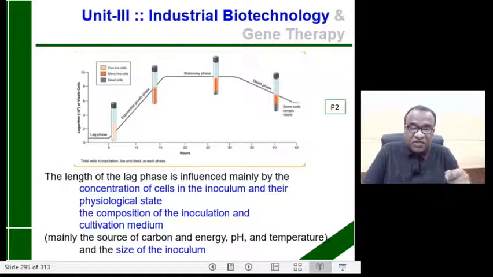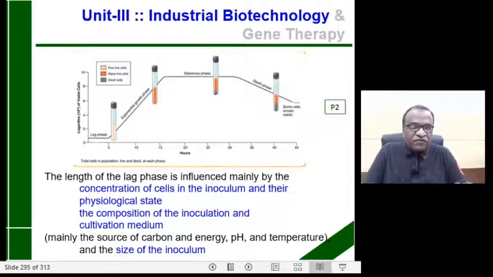So what are the factors that have to be considered in order to shorten this period? We need to understand what factors influence the lag phase. The concentration of cells in the inoculum and their physiological state, the composition of the inoculation and the cultivation medium, be it the source of carbon and energy, the pH, the temperature, and finally the size of the inoculum.